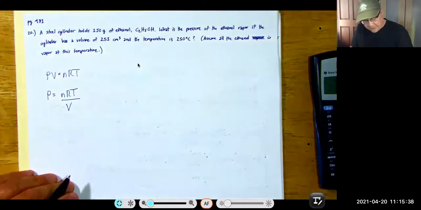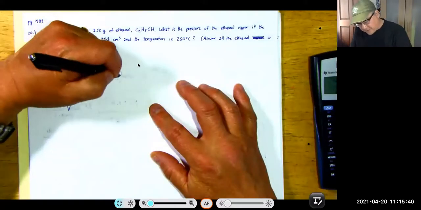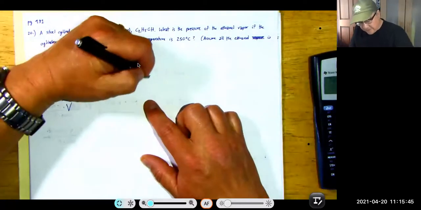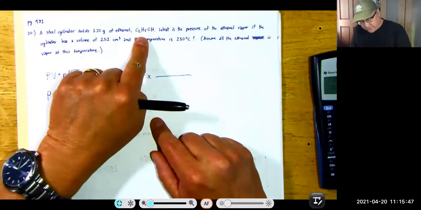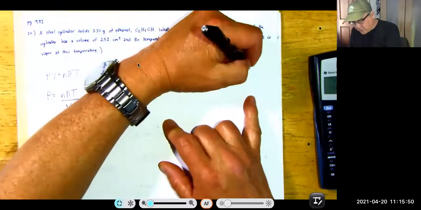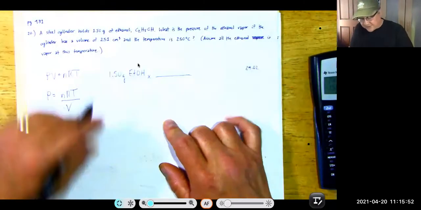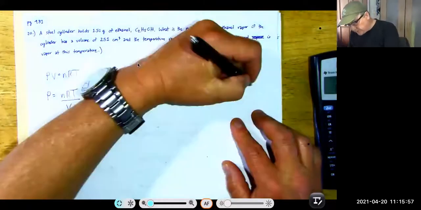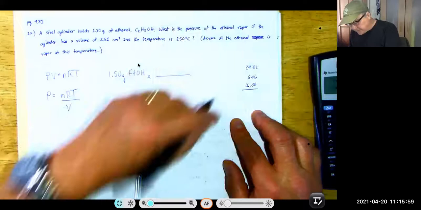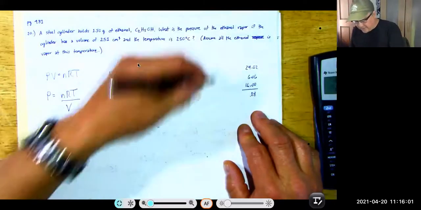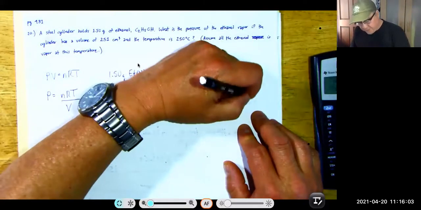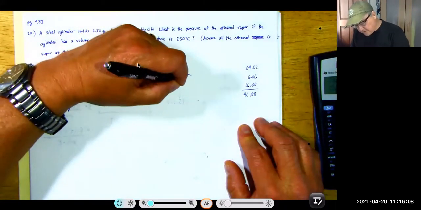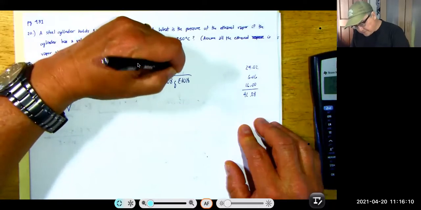Let's first figure out the moles from the grams. 1.50 grams of ethanol. This is a common abbreviation for ethanol. Now, ethanol has this formula. So 2 carbons is 24.02, 6 hydrogens is 6.06, and 1 oxygen is 16.00. Add those all up together and you get 46.08 grams of ethanol per 1 mole of ethanol.